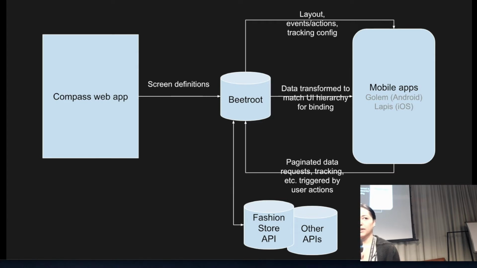At some point, I remember trying even the Spotify API just to render something with these libraries. It worked really well. And then the mobile apps, which are Lbase for iOS and Golem for Android. We read layout definitions from Beetroot, and data, and if you need paginated data, we also call Beetroot for this. Every time we send tracking, everything goes through Beetroot. We don't do anything special.